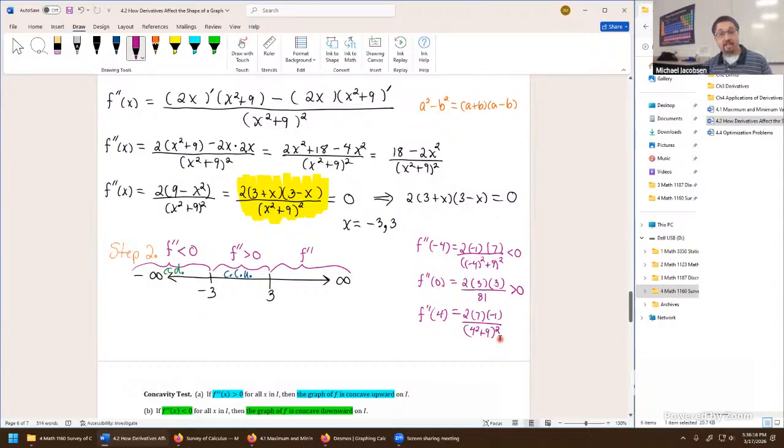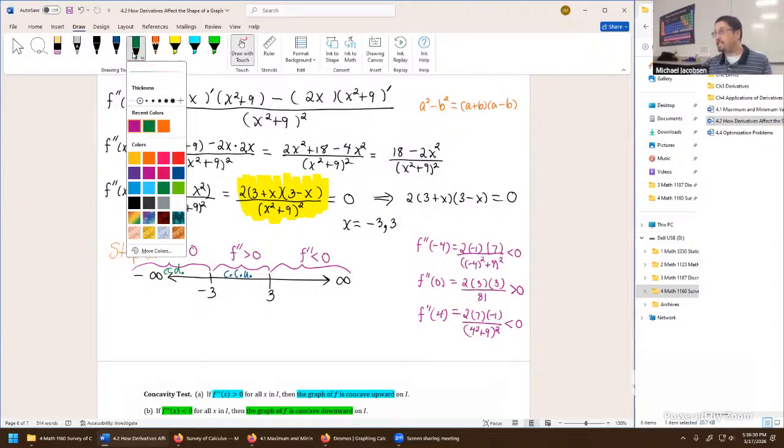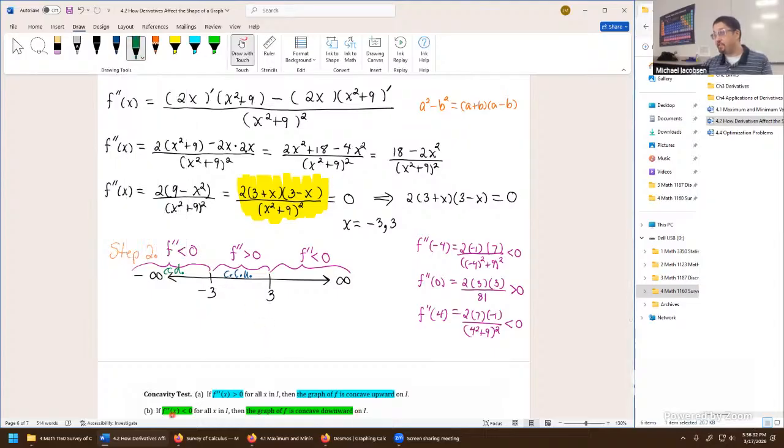And again, we don't need to know the exact value. All we need to know is a sign. And due to that spot, the whole thing is negative. So less than 0. That means in this entire region, it's less than 0. But then we cite the concavity test for the second derivative. Spotting it's negative in the second derivative means concave down in that entire region to the right of 3.